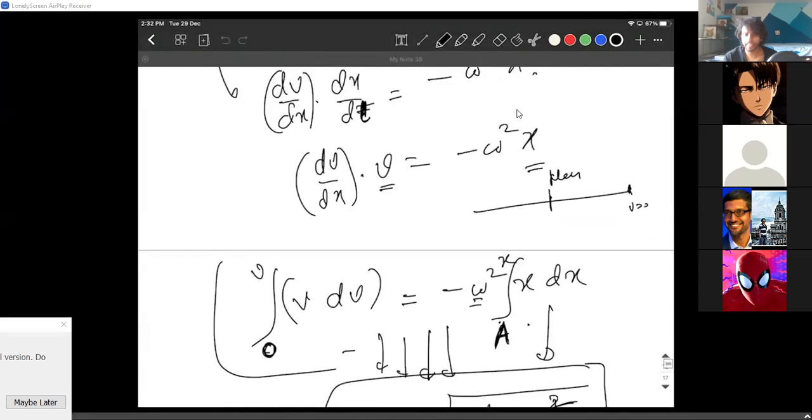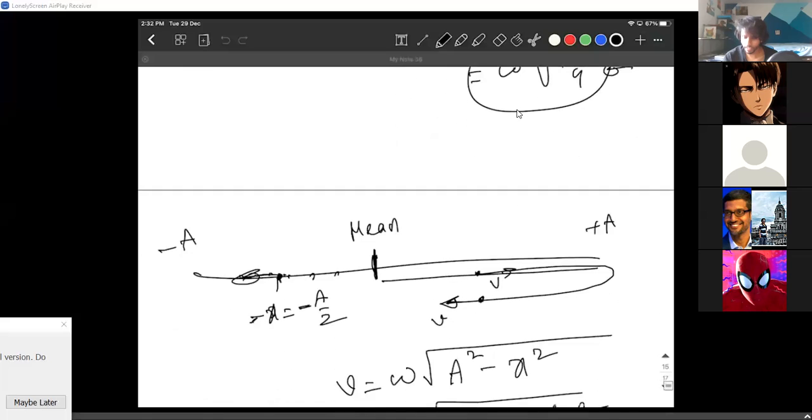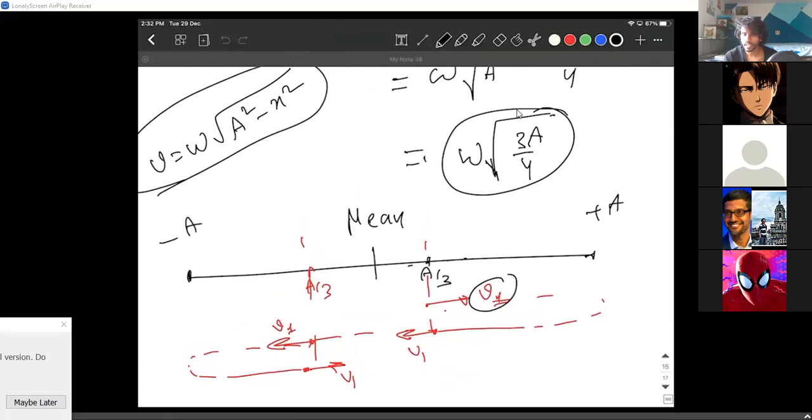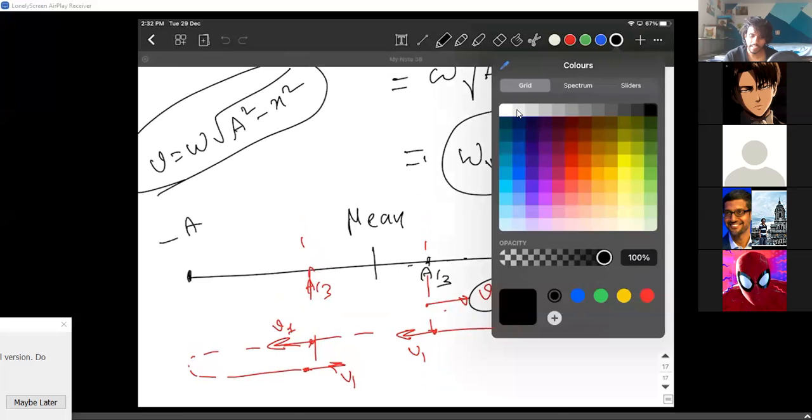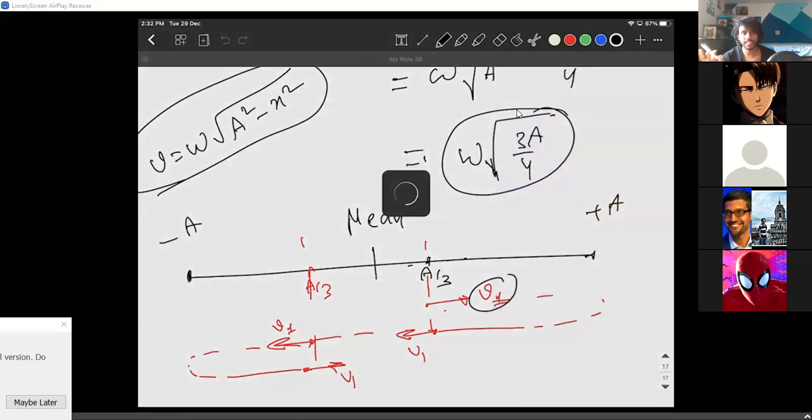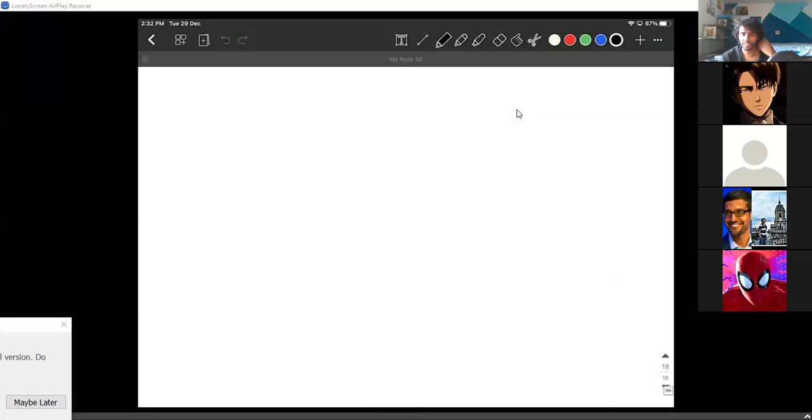No, we will talk about it. Guys, if you are confused by this moment, please completely ignore what we just did, the whole thing. He did a lot of things to bring this specific answer as v equals omega into root over a square minus x square. This is what he was trying to do.